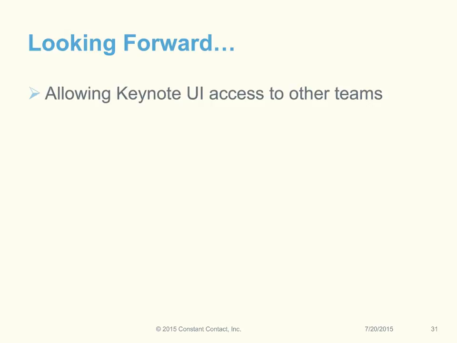So looking forward, we want to allow Keynote UI access to other teams, even though we are very happy to offer per request data tables or URLs that have data which people request.